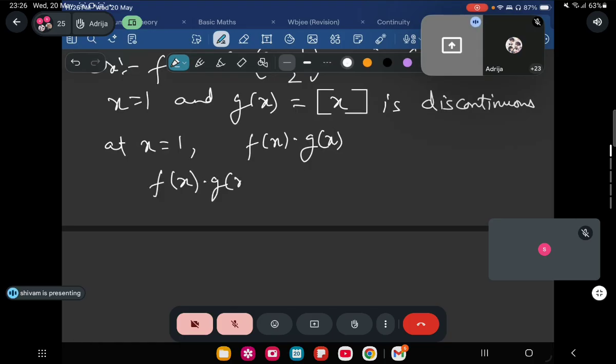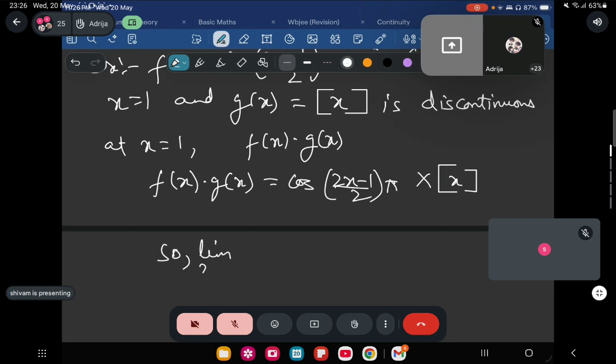So Aditya, tell me, what is f of x into g of x? F of x into g of x will be equal to cos of (2x minus 1) by 2 into pi into box of x. So what is limit x tends to 1 of cos of (2x minus 1) by 2 into pi?